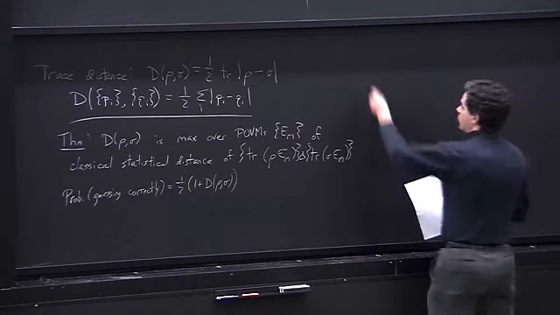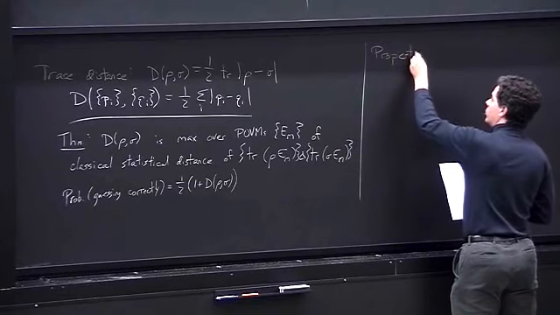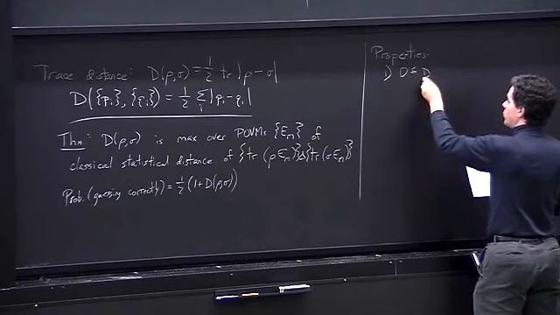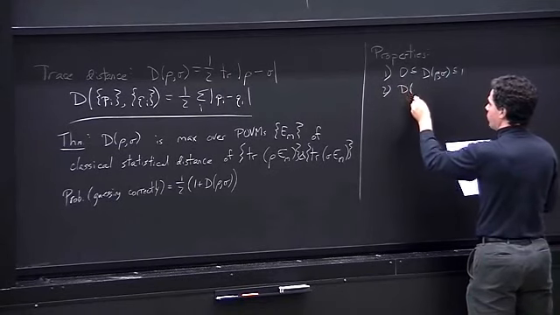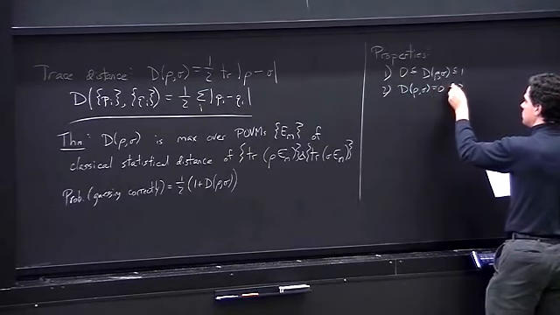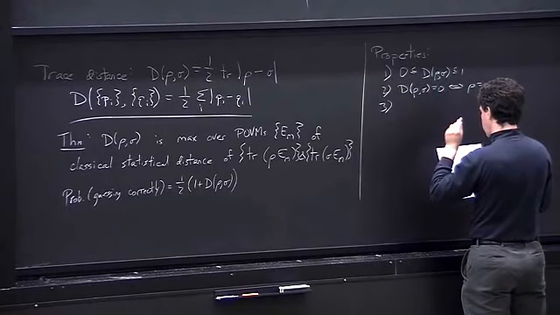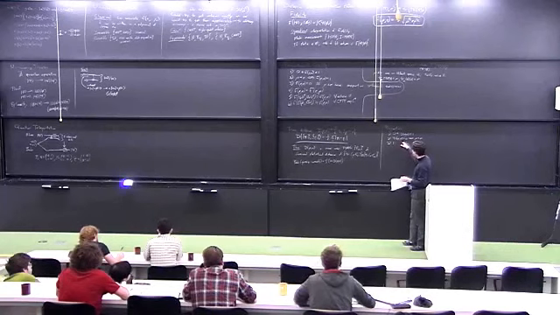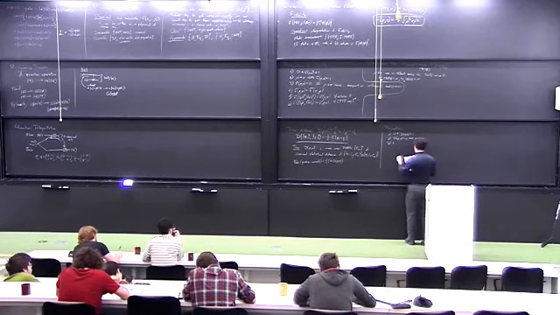Okay? And so similarly, trace distance has a bunch of properties that are similar to the ones for fidelity. In this case, it's still between 0 and 1. But in this case, 0 is the case where they're the same, and 1 is the case where they're different. I guess I didn't write down that property. But if rho and sigma have distance 1, then again rho and sigma have orthogonal support.